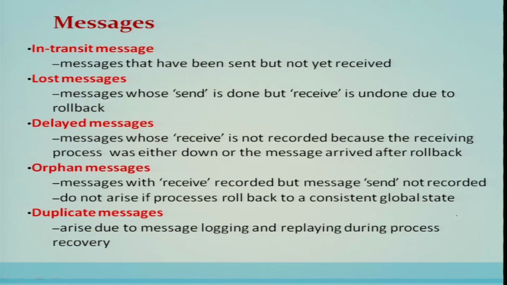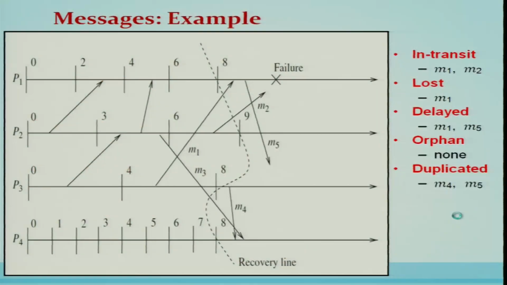Delayed messages are messages whose receive is not recorded because the receiving process was either down or the message arrived after the rollback. Orphan messages are messages with receive recorded but send not recorded, and these do not arise if the processes roll back to a consistent global state. Duplicate messages arise due to message logging and replaying during process recovery.